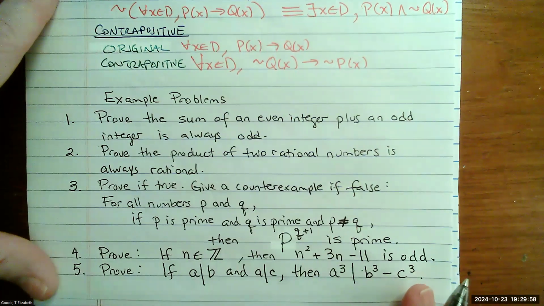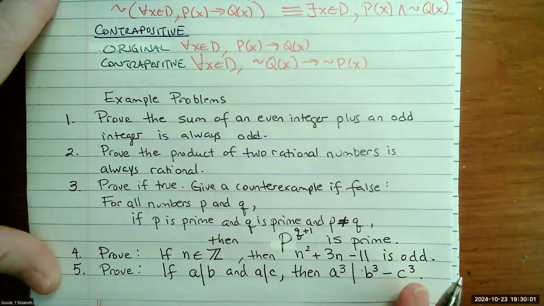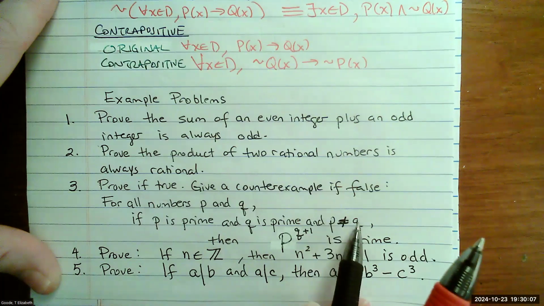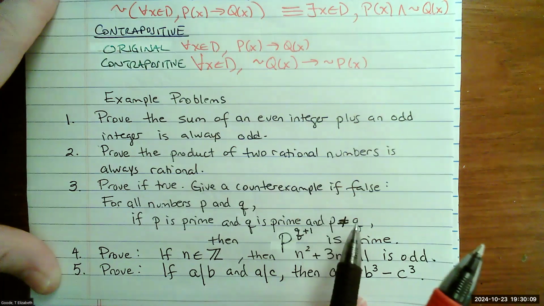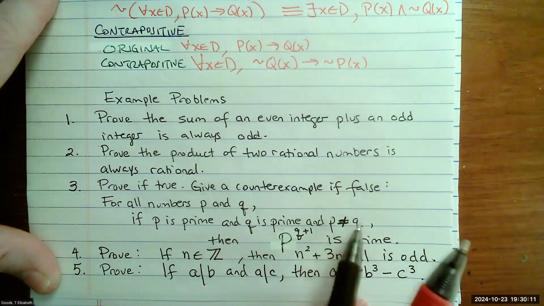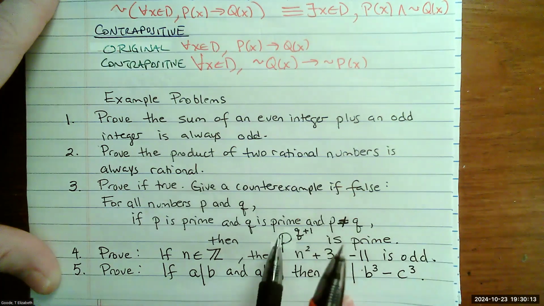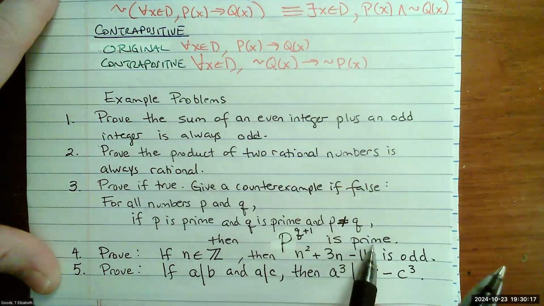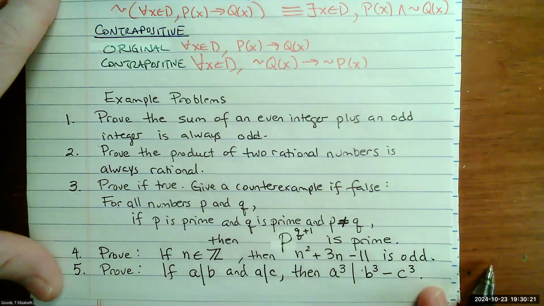So if it's true, prove it. If it's false, cook up a nice counterexample by giving two primes, P and Q, that are different from each other. Verify that they are primes by talking about their only divisors, and then verify that P to the Q plus 1 is not prime. In other words, this will be big enough that it'll have to be composite if it's not prime.